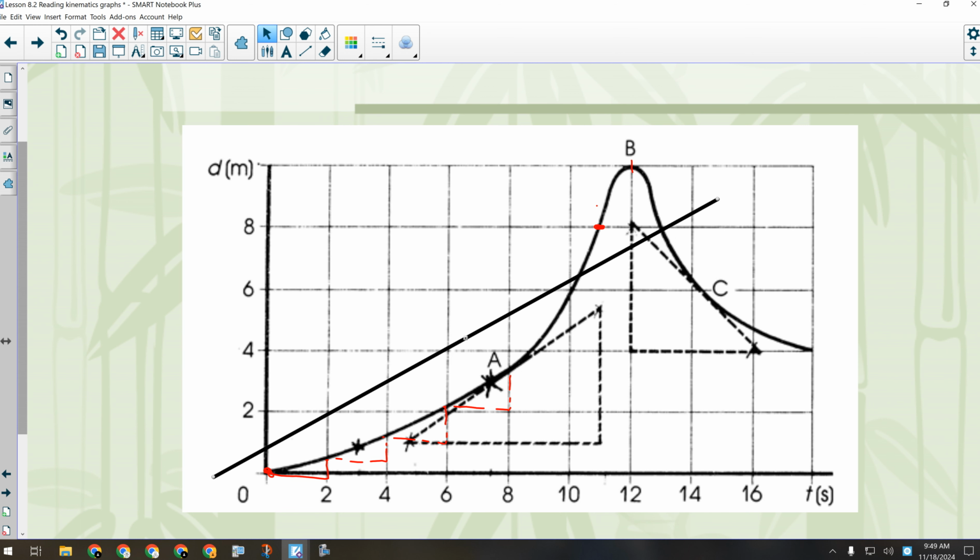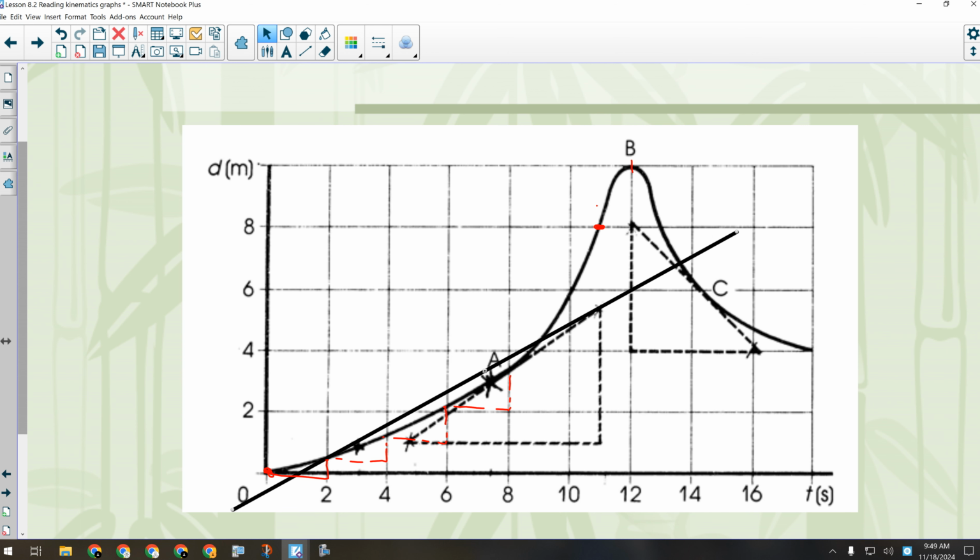But according to a mathematician, since this curve is made up of an infinitely large number of infinitely small straight lines, I could draw a line that is tangent to the curve at any given point and calculate the velocity of the object at that instant by calculating the what of that tangent?